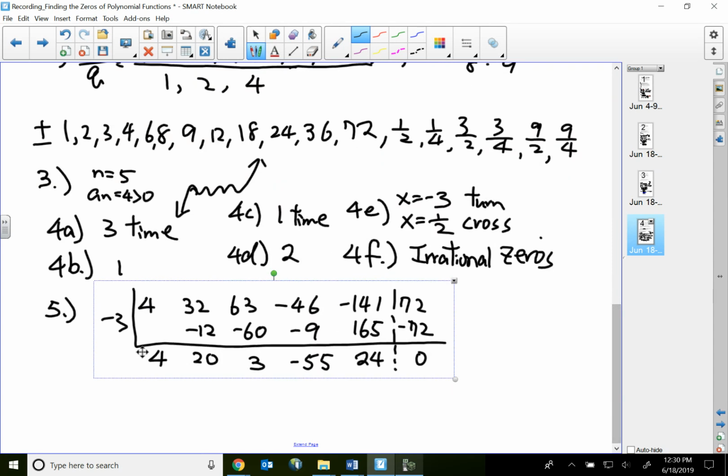All right, let me use -3 one more time since I got even multiplicity. So that will be -12. That will be 8. -24. Whoa, 4, -12, 8.